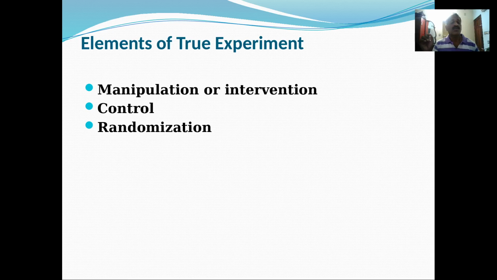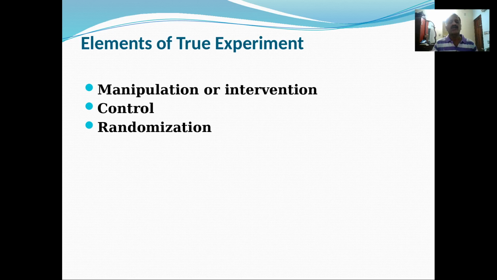Then only that becomes a true experiment. Randomization is random allocation without any prejudice, without any bias, by following all the scientific nature.